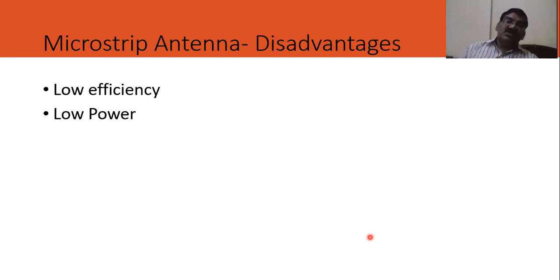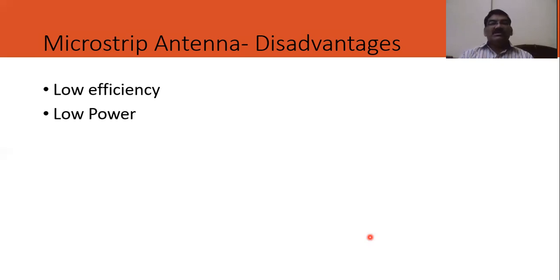Low power, as I told. So power handling capacity is less as these are compact antennas. Only a PCB-like structure is there, where the copper layer is a few microns. Due to that, the power handling capacity of such an antenna is comparatively less. So you cannot use the microstrip antenna for very high power applications such as the transmitting station of a satellite.